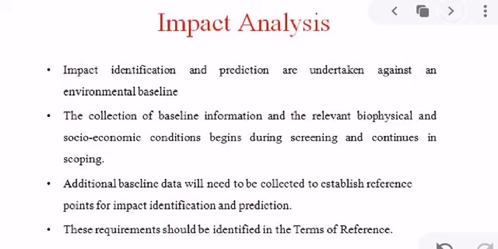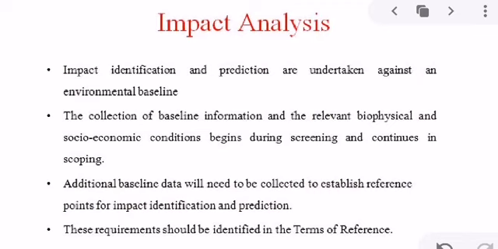So impact identification and prediction are undertaken against an environmental baseline. The collection of baseline information on the relevant biophysical and socioeconomic conditions begins during screening and continues in scoping. Hope you all remember that.